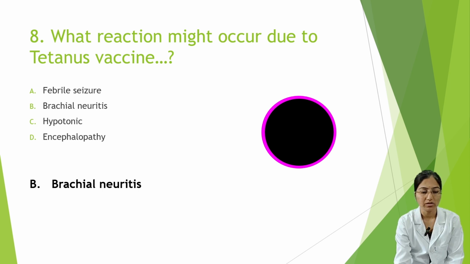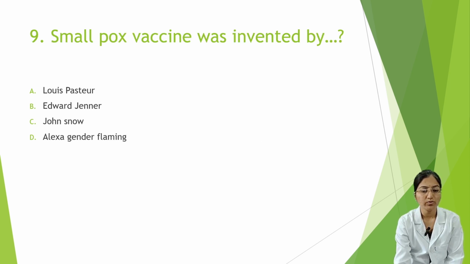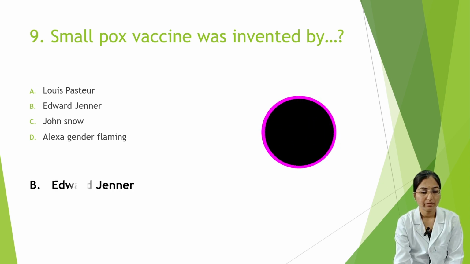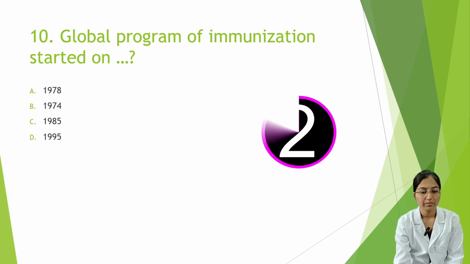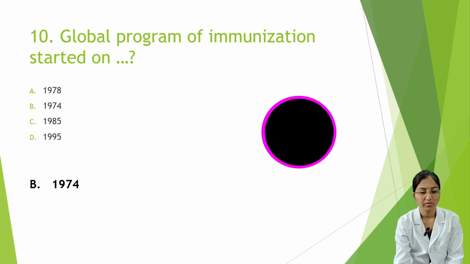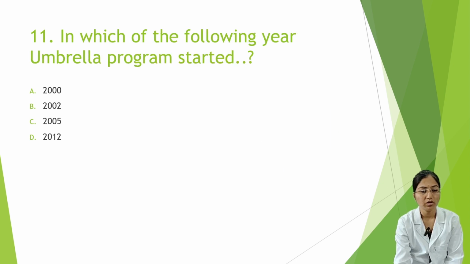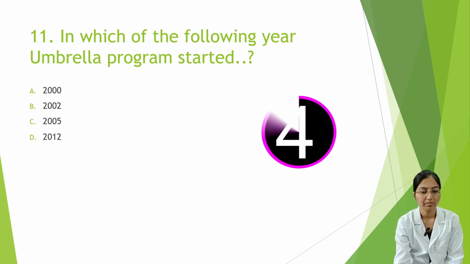Brachial neuritis. Next question. Smallpox vaccine was invented by Edward Jenner. Next question. Global program of immunization started on 1974. Next question. In which of the following year umbrella program started? 2005.